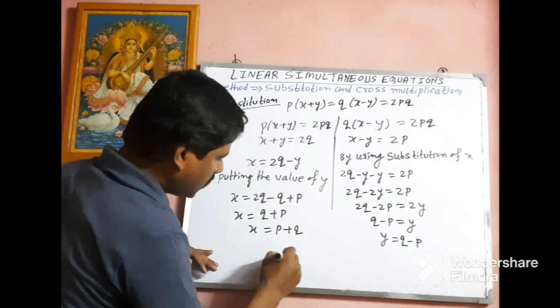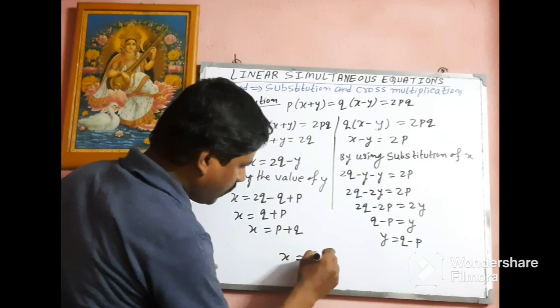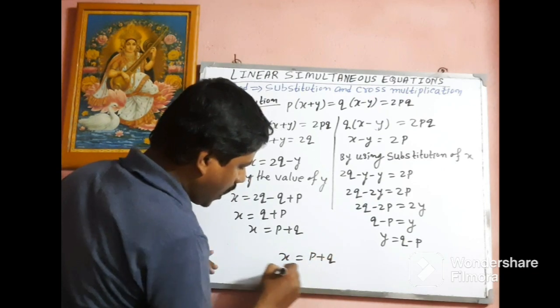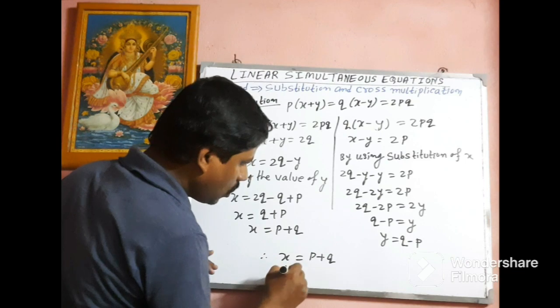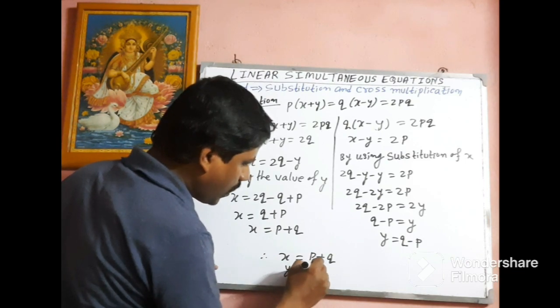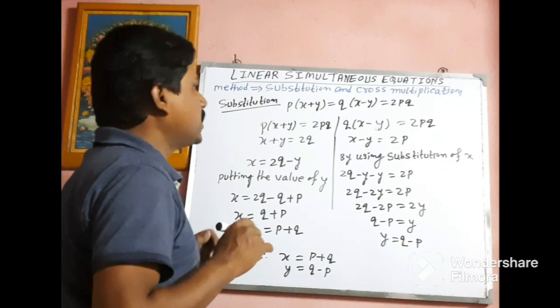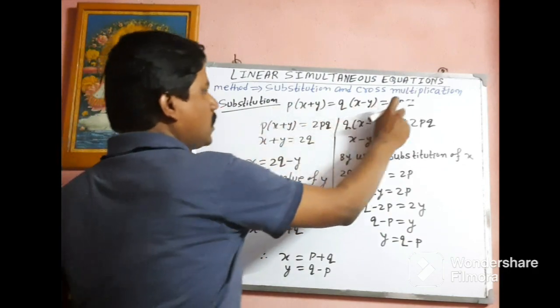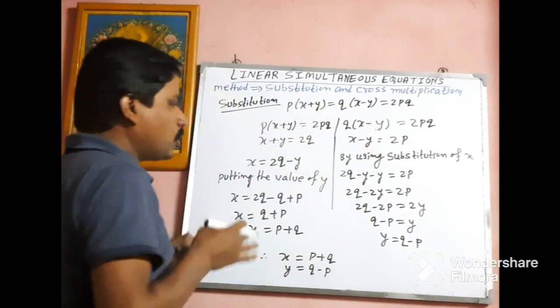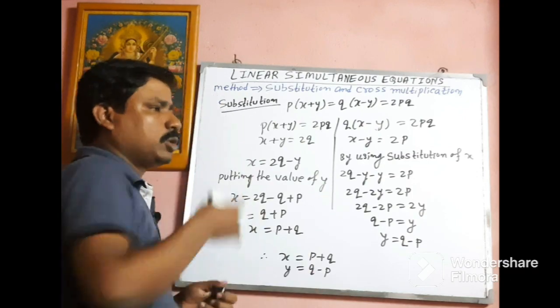So the answer is x is equal to p plus q and y is equal to q minus p. So this is the solution for the given two equations by using the method of substitution.